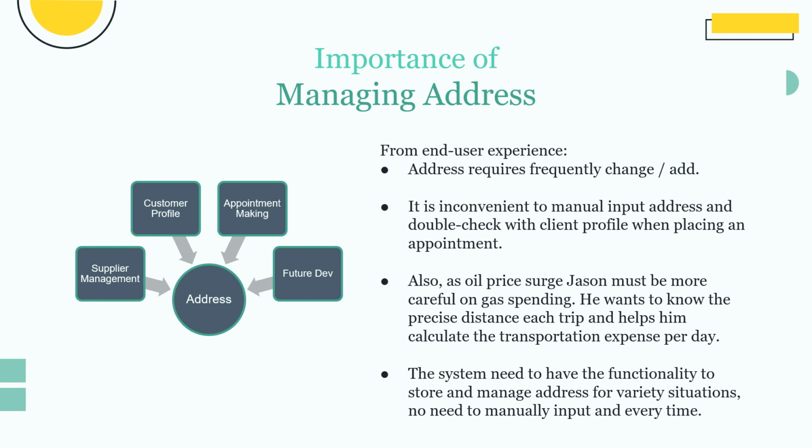All this calculation and analysis requires very precise location data. So after all, the system needs a functionality to store and manage addresses for a variety of situations, instead of manually inputting and maintaining this information.